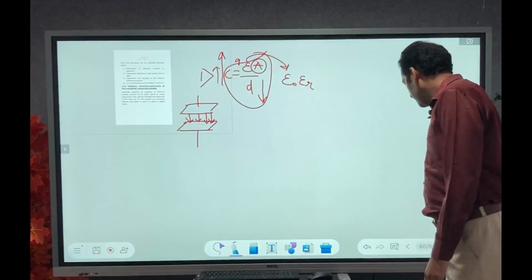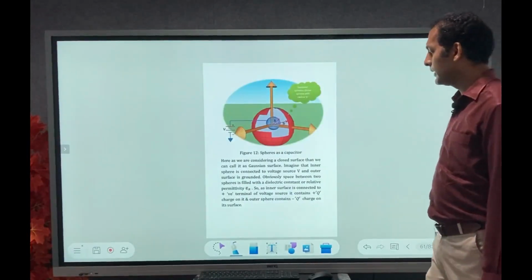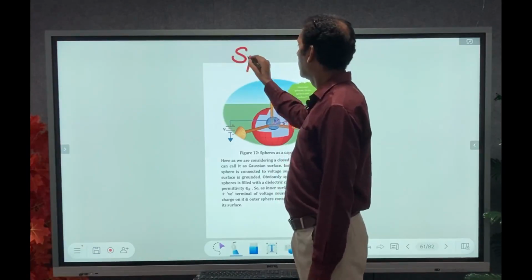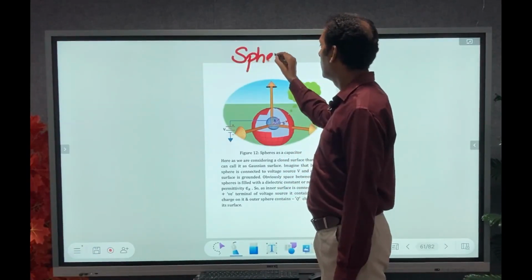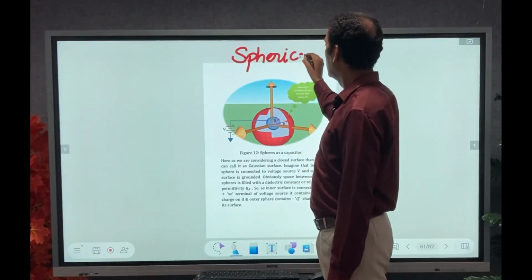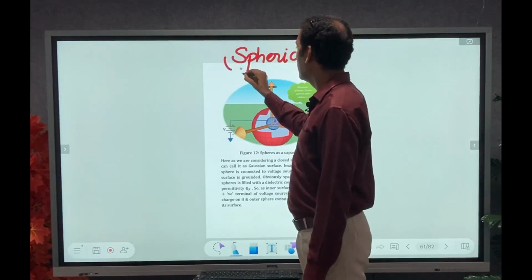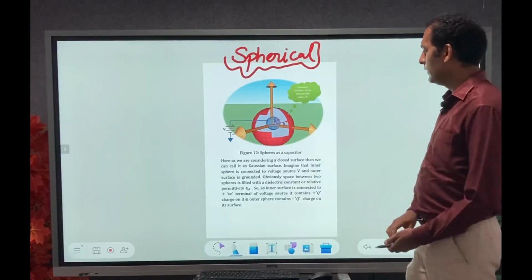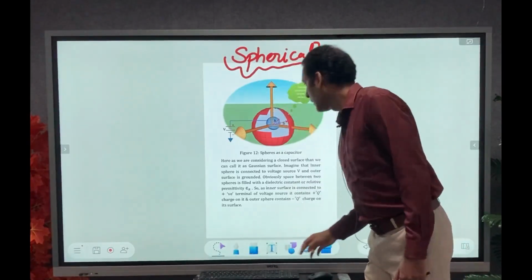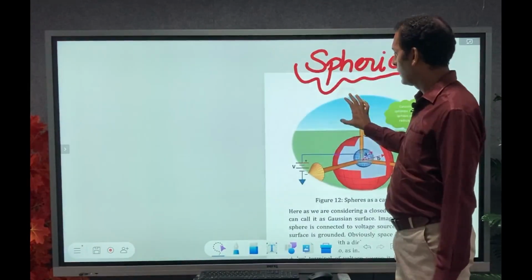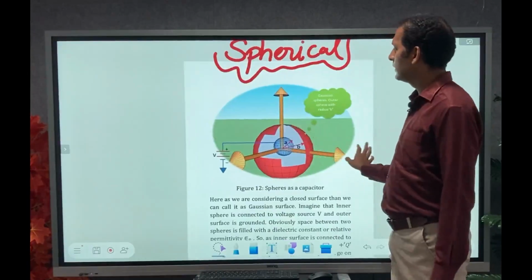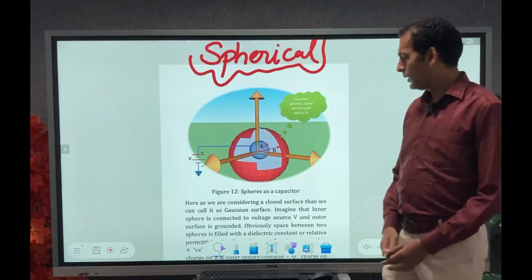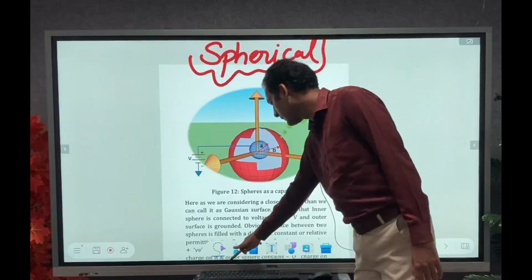Now let us see the spherical capacitor. So what is our topic now? Our topic is to discuss the spherical capacitor. Now for that we will imagine this diagram where we can see what is the meaning of spherical capacitor. We will imagine a sphere that is nothing but like a dot.